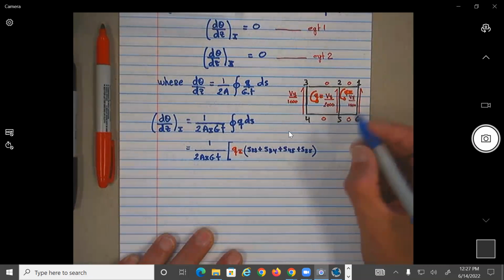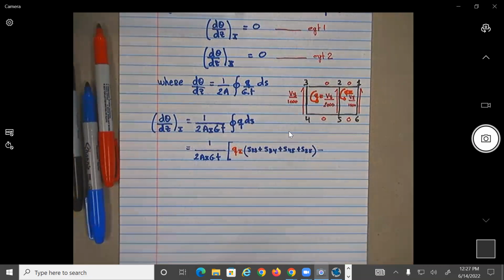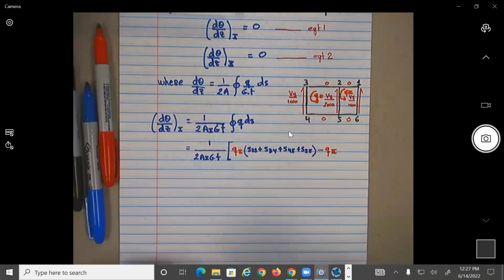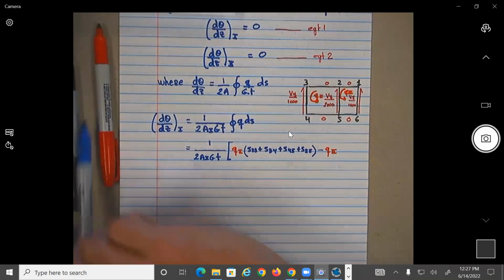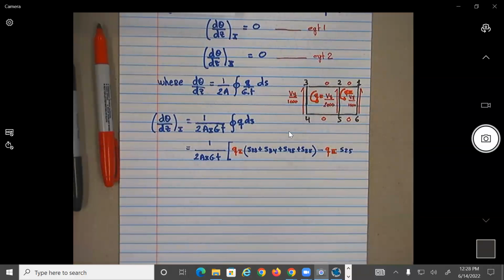What about Q2? This one is going in the opposite direction, no? So minus Q2 times what? S25.